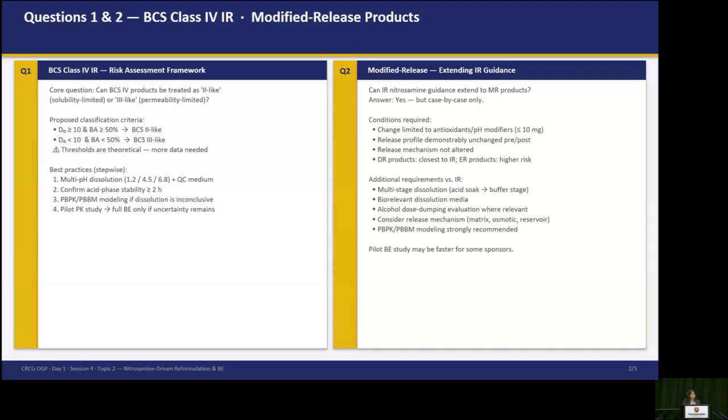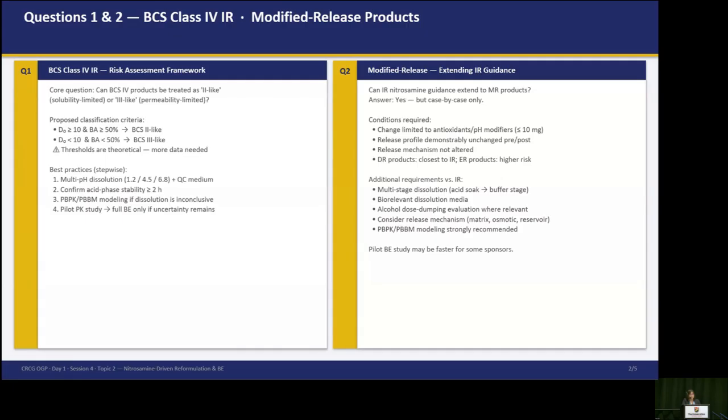And for best practice, the risk assessment framework we came up with is a step-by-step approach. The first step is to submit the multi-pH dissolution study at pH 1.2, 4.5, and 6.8, plus dissolution conducted in the QC media. We also need to confirm the acid phase stability up to 2 hours or more than 2 hours.